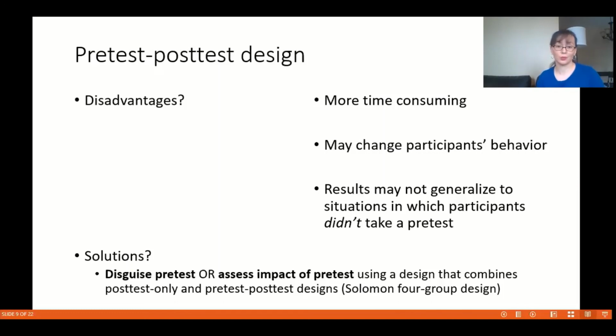Your textbook goes into more detail about it, but this essentially helps us see if there's an effect of the pretest and make these kinds of comparisons. In the Solomon four-group design, essentially it's giving a pretest post-test version to half of the participants and a post-test only version of the experiment to the other half. Again, you should know that the Solomon four-group design is a solution to one of the main problems of giving pretests.